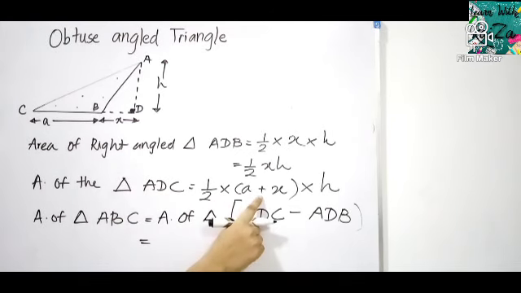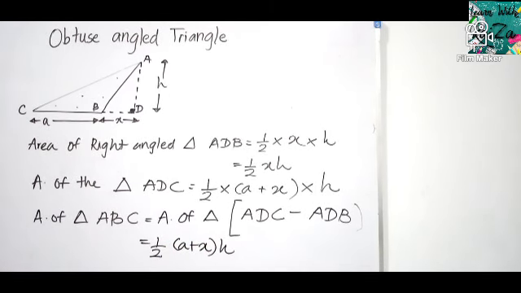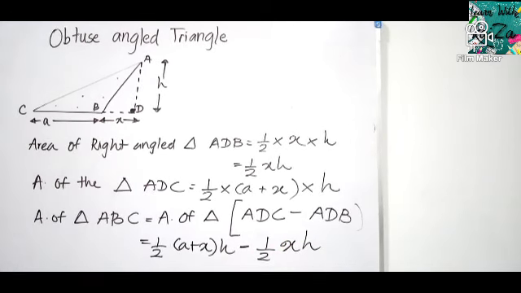Half A plus X into H. So what is the area of the triangle ADB? Half XH. Can you understand? Half XH.